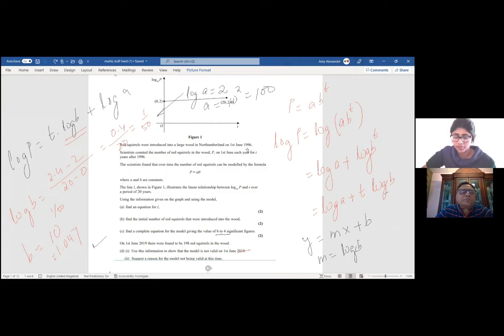So you will do log p. We are trying to find log p equals 23 times log b, which was the 1.047, plus log a, where a was 100. The calculator doesn't automatically put the 10 there, which is really annoying.